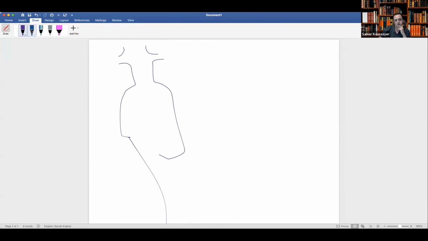Let's say the aorta size here is 22. And the length here is 15. This is a very good neck. 22, 22. Let's say it goes to 26.